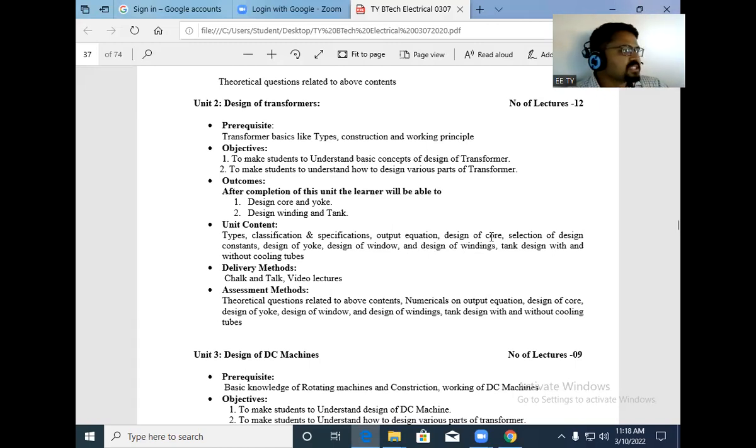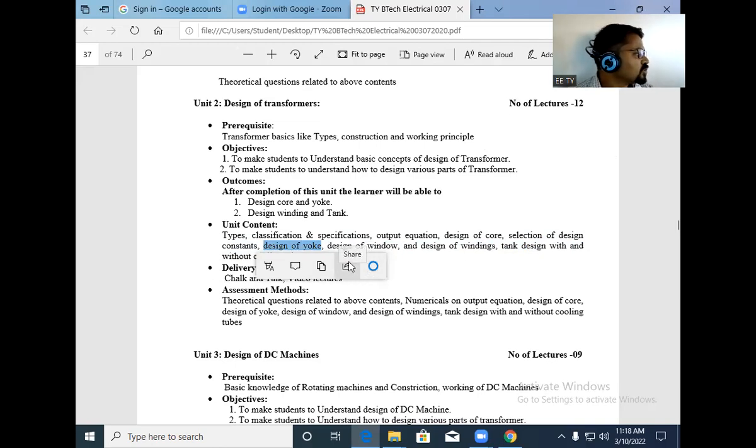Next, design of core. Next point, selection of design constants. Next, design of yoke, Y-O-K-E.